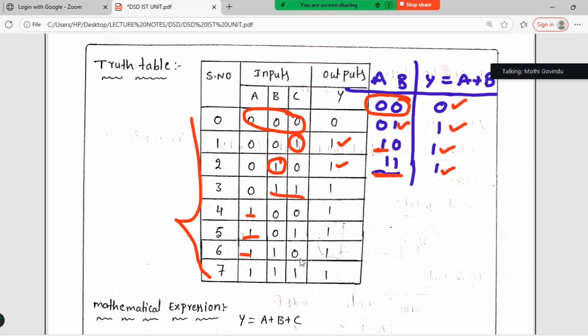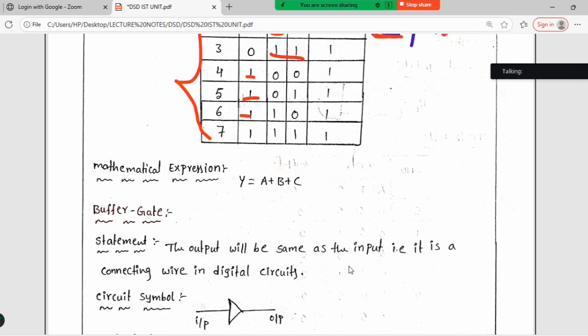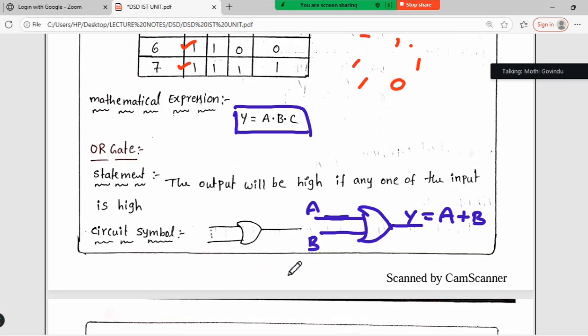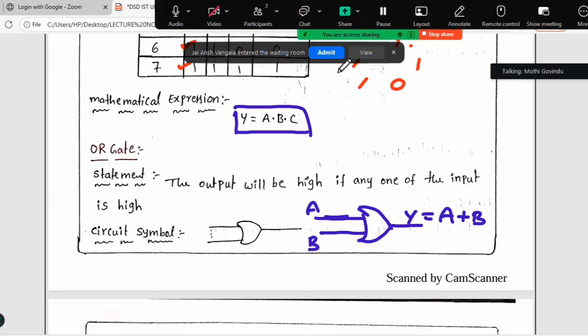But whenever all the inputs are 0, output is 0. This is about the OR gate. The expression for the OR gate is y equal to a plus b plus c. It's a mathematical expression, and this is a truth table, and this is the symbolic representation of the OR gate.